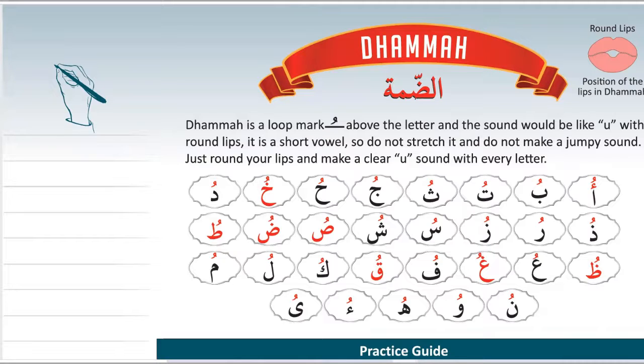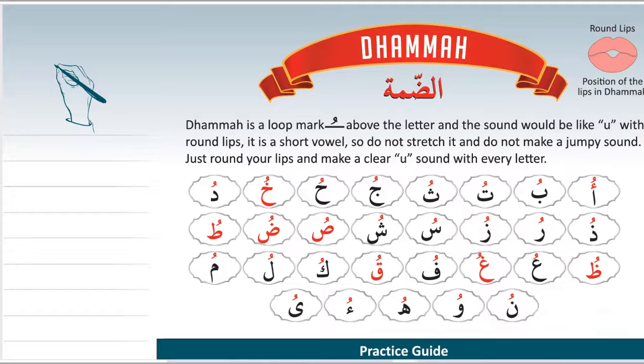It's not long, it would be bu, a short vowel sound. Bu, tu. Say 'you', Y-O-U, like we are saying. There is a U sound at the end while you are pronouncing 'you'. So dhamma has a U sound at the end.